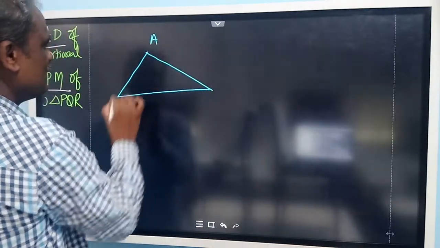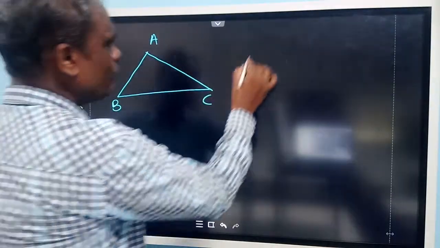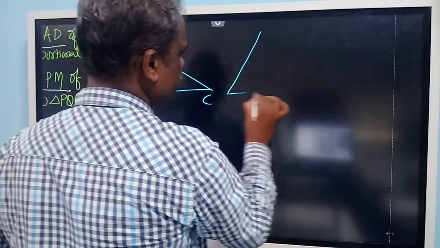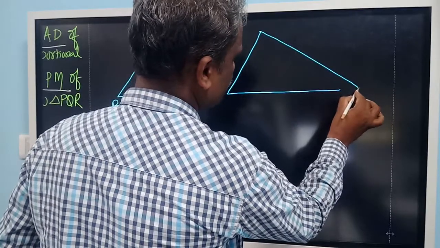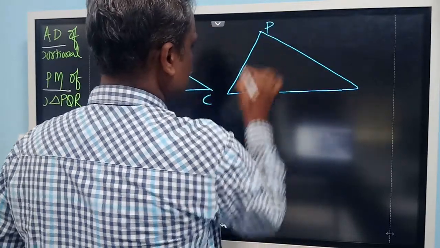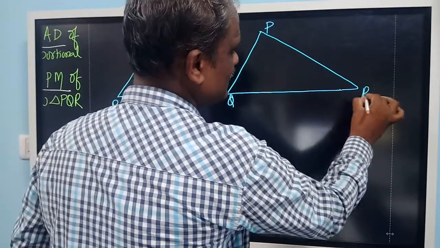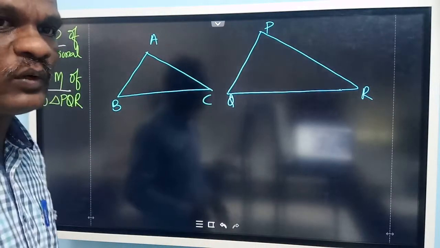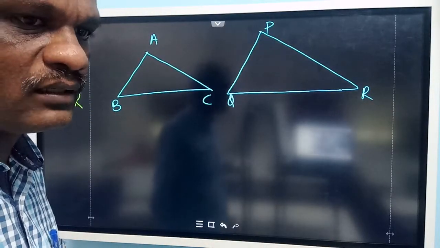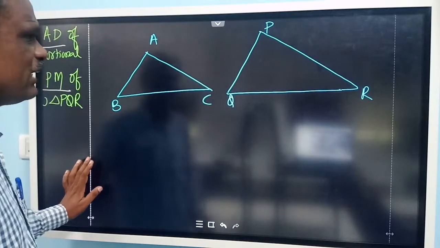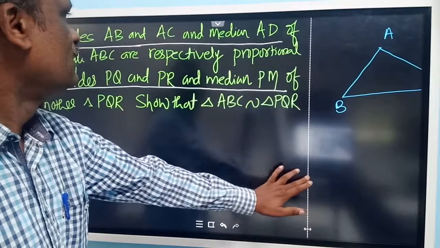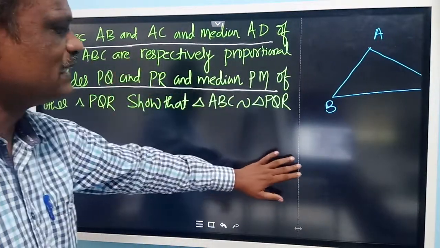So you can take this as triangle ABC, another triangle PQR. They need not be of the same size, because we are going to prove only that they are similar, not congruent.